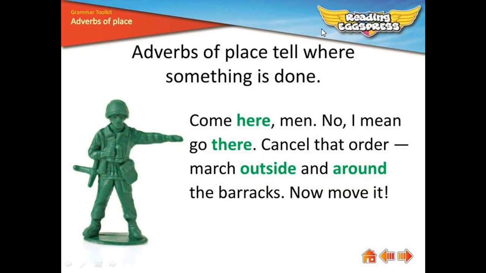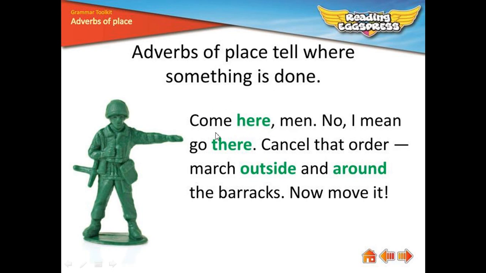Adverbs of place tell where something is done. For example, come here, men. No, I mean go there. Cancel that order. March outside and around. Here, there, outside, and around are adverbs of place. Why? Because they express where the action of the sentence happened. Come here.